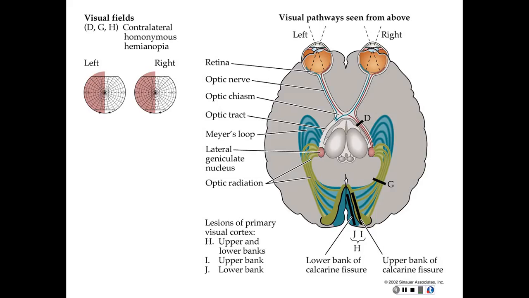And if you think about what they're actually carrying information from, it's from the opposite visual field, hence this contralateral. And it's the contralateral side of the body. So if this is right, it's happening on the left half of both the right and the left eye. So we get this contralateral, it's happening in both, hemianopia.